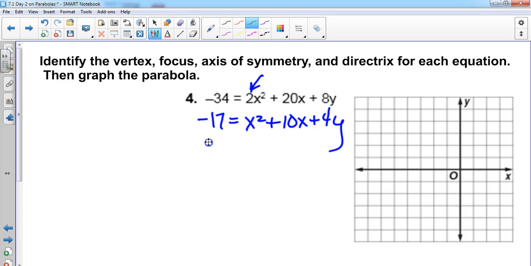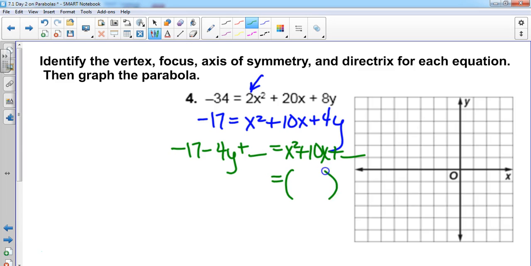Okay. What do we need to move around a little bit? Okay, so we move the 4y over there. Well, it's not a 3. The last 2 had 3s, didn't they? What do we get this time in the parenthesis?